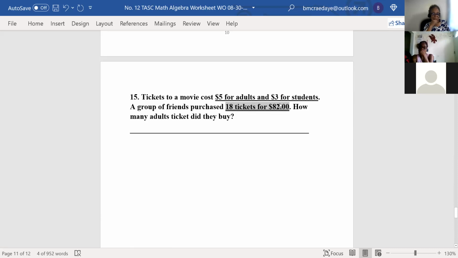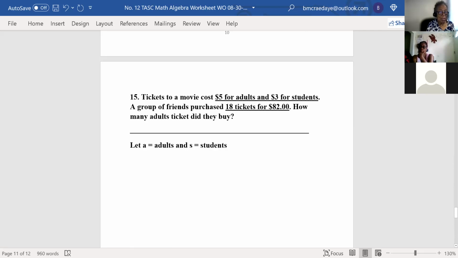What are the 2 equations? Let's define some variables here. Let A equal adults, and S equal students.